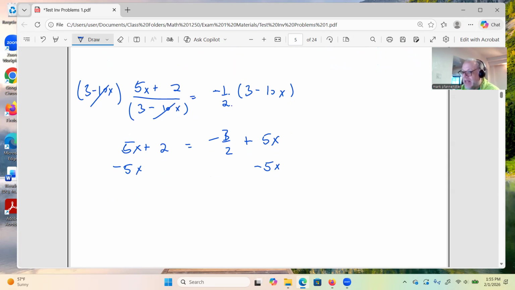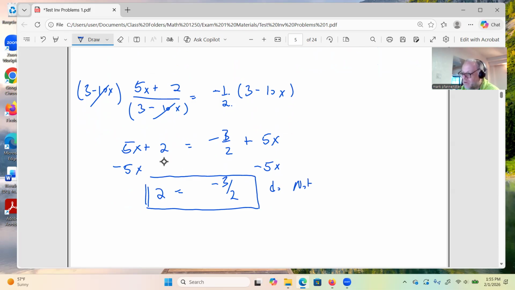And then here we have a contradiction. We have 2 is equal to negative 3 halves. Being a little kid with $2 in my pocket to buy candy, or being in debt $1.50 to somebody, I would rather have the $2 to go buy candy. So these are not the same, so they do not cross.